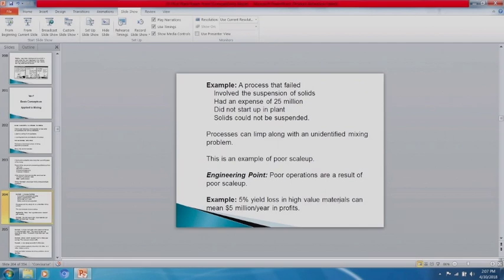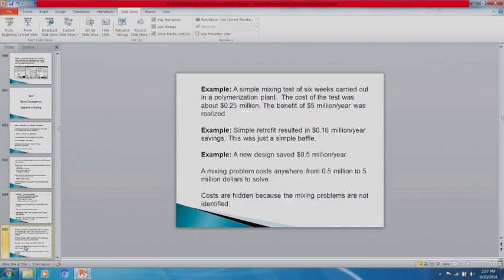A 5% yield loss in high-valued material can mean $5 million a year in profits. Again, I'd mention who these are, but I best not to. A simple mixing test, 6 weeks, was carried out in the polymerization reaction. The cost of the test was $250,000. The benefit was $5 million a year.